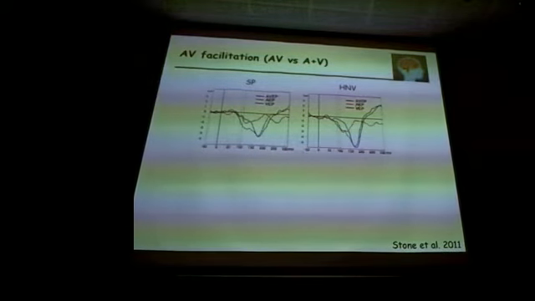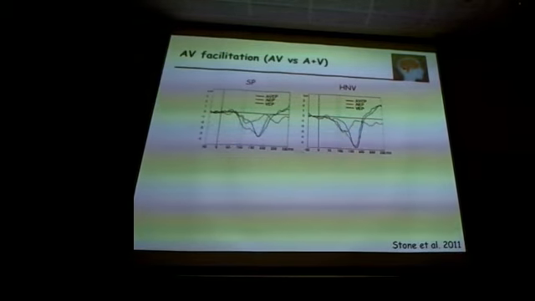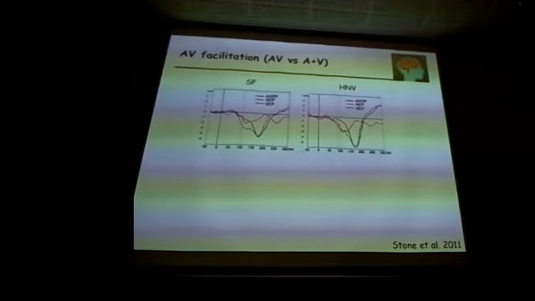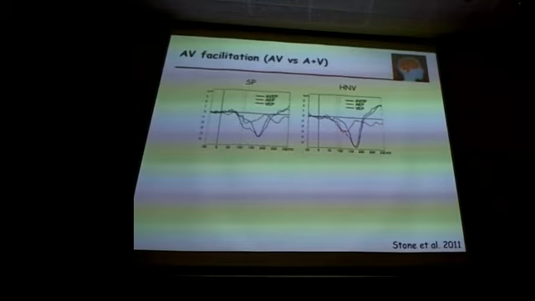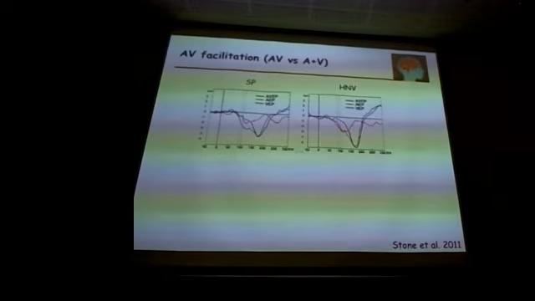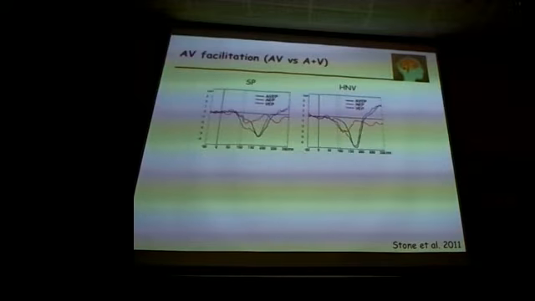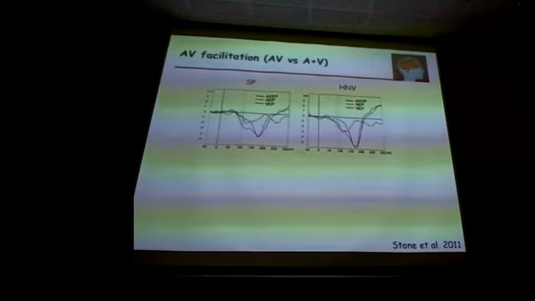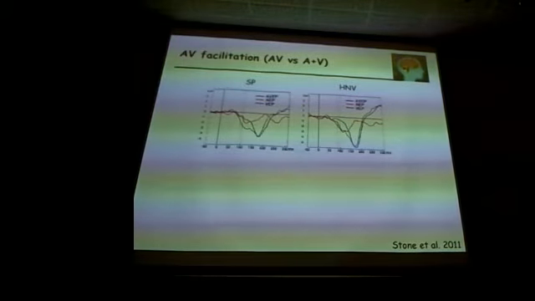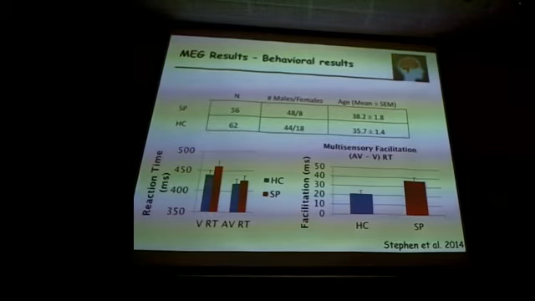Here you can see this difference between the auditory and visual for the patients, where you just don't see that difference between the auditory or visual relative to the multisensory for the healthy controls. So what this is really showing is some enhancement of the response by the patients with the multisensory stimuli that you don't see in the healthy controls.